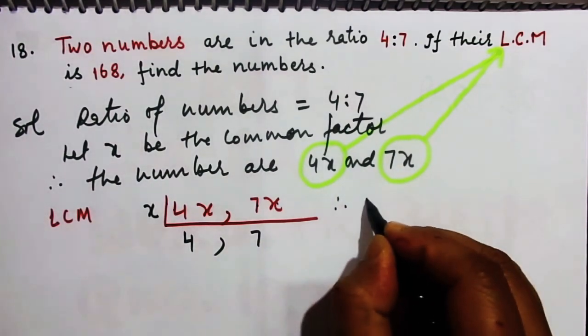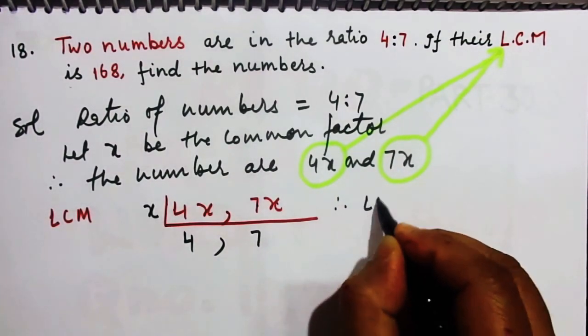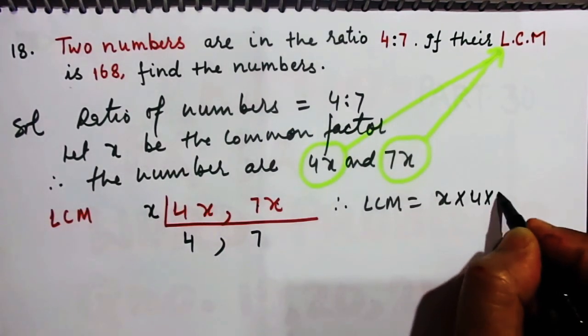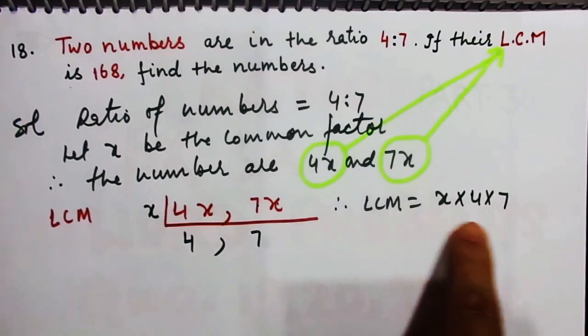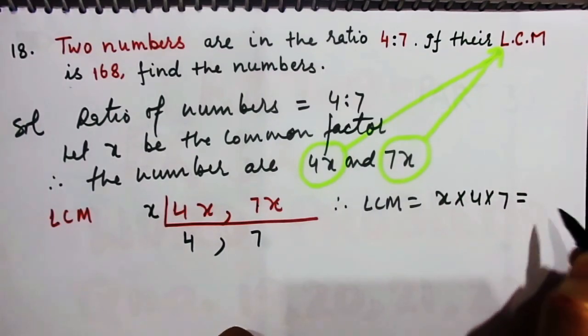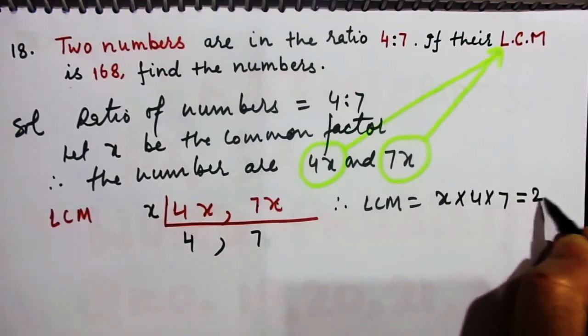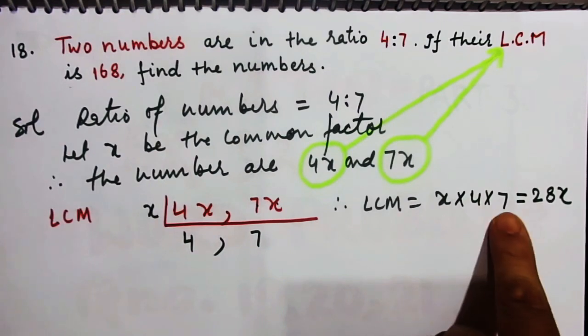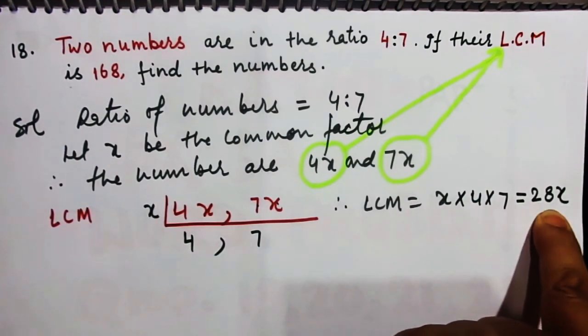Therefore, my dear, LCM is equal to x into 4 into 7. X into 4 into 7 is equal to how much? It is equal to 28x.